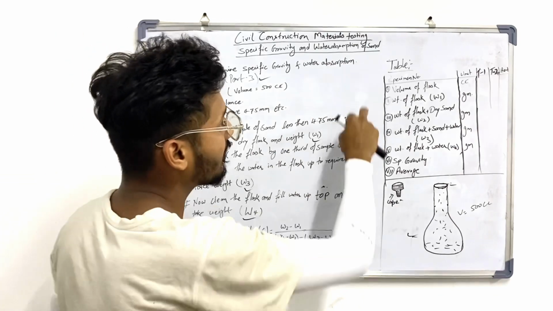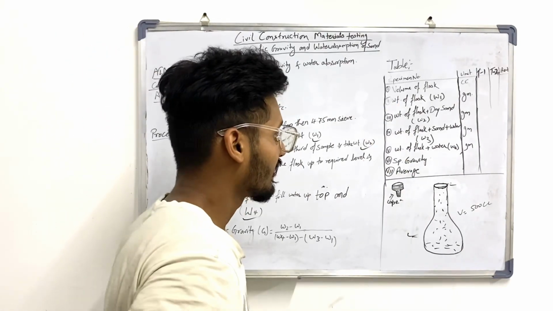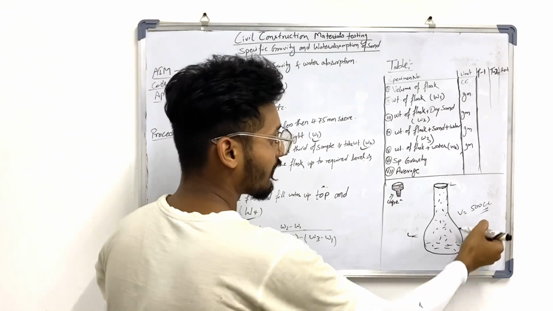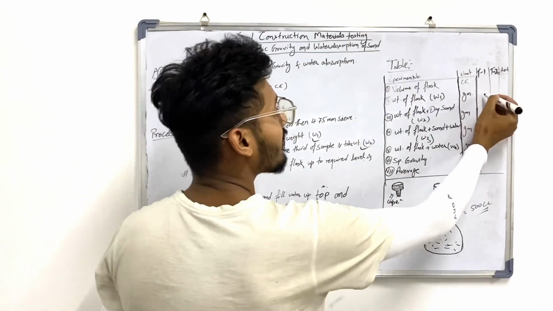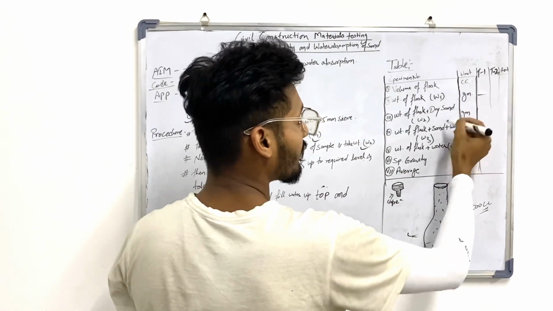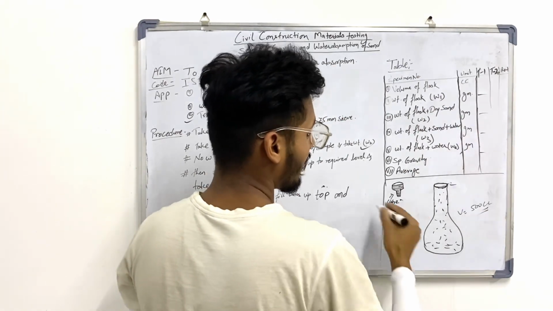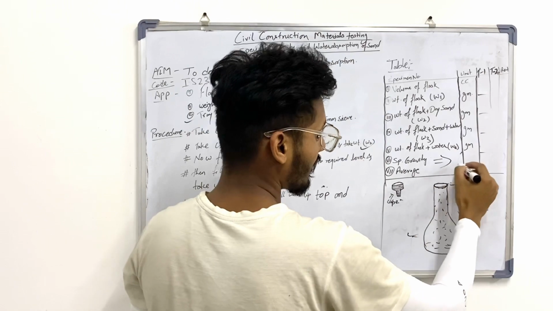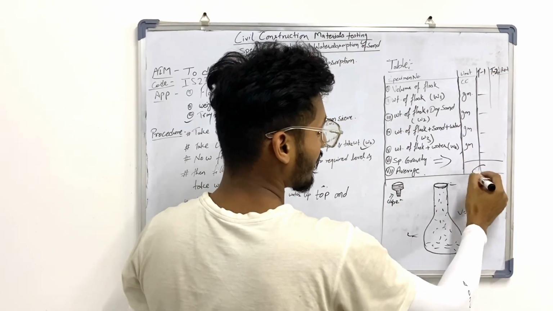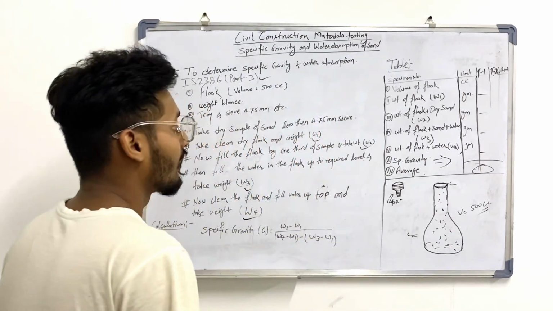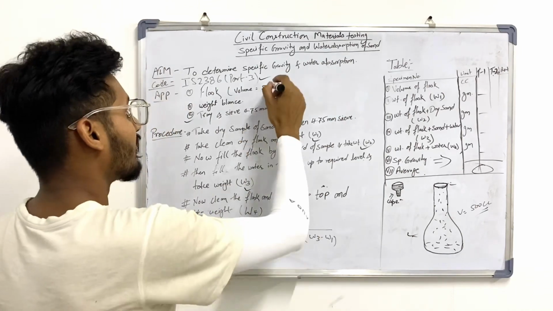We have a table here: the volume of the flask, that is 500 cc, and the weight of the flask W1 in grams. We take the same W1 here, and the weights W2, W3, W4, and we calculate the specific gravity for both trials and take the average. The specification is according to IS 2386 Part 3.